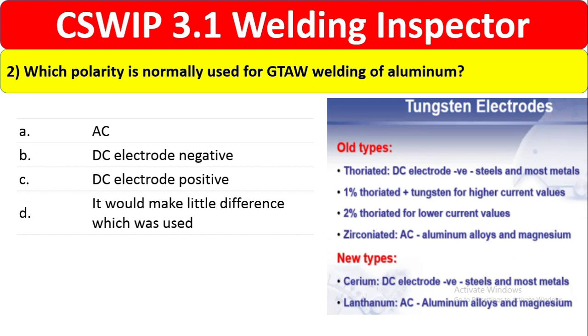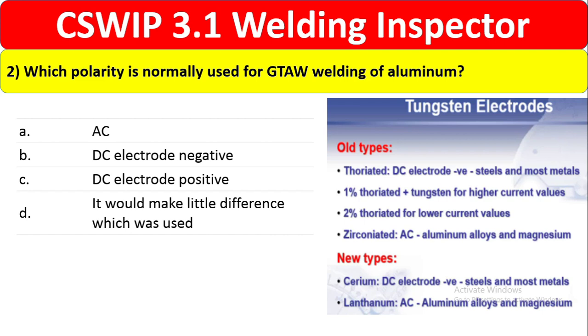Definitely there is some explanation here about the tungsten electrode. There are two types of tungsten electrode: one is thoriated, another is zirconiated. Thoriated is used for steel and most metals, and zirconiated is for AC, aluminium alloys and magnesium. So the polarity used with zirconiated is AC, meaning for aluminium alloys.